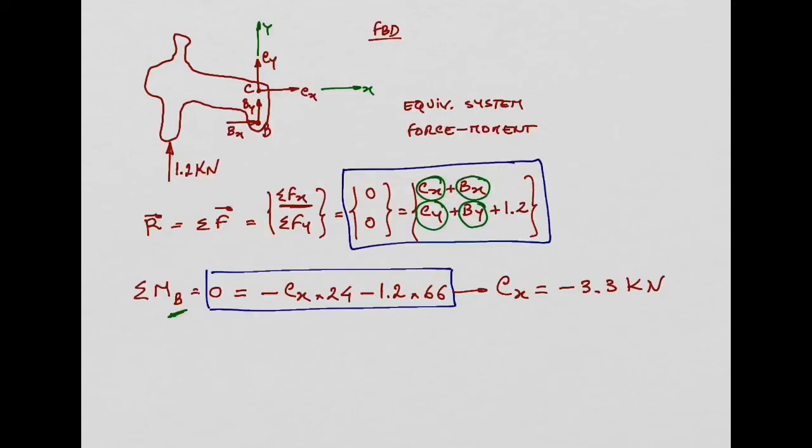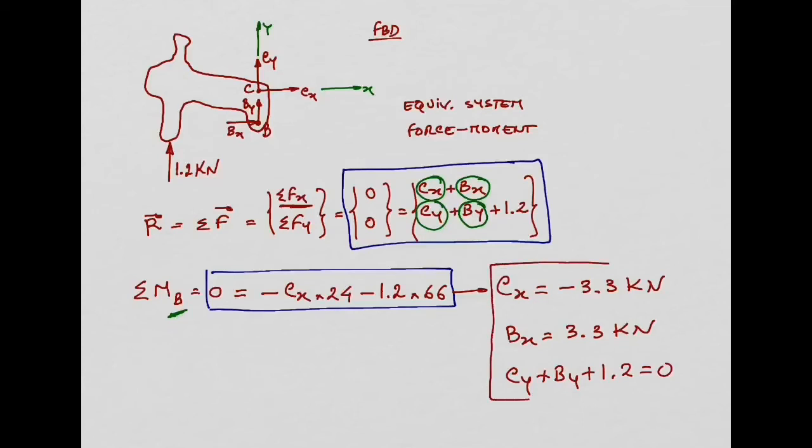So we can also do that. And then if you do that, you get Bx equal to 3.3 kilonewtons. And then this y equation, there's nothing we can do. So we will just keep this equation, Cy plus By plus 1.2 equal to 0. We will come back to this equation.